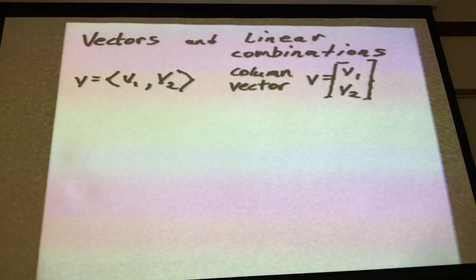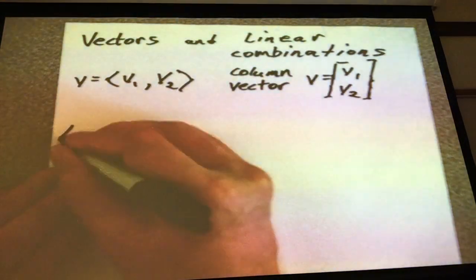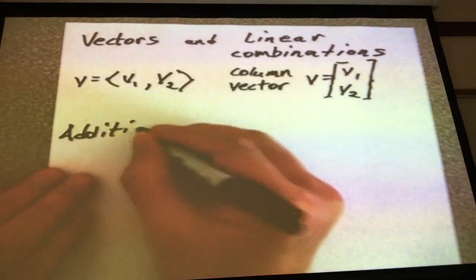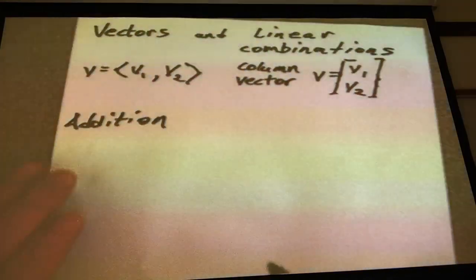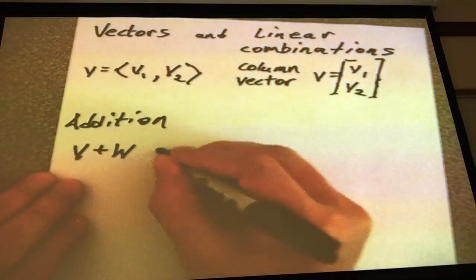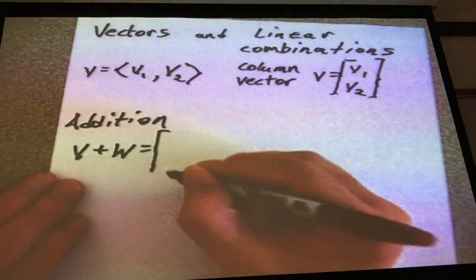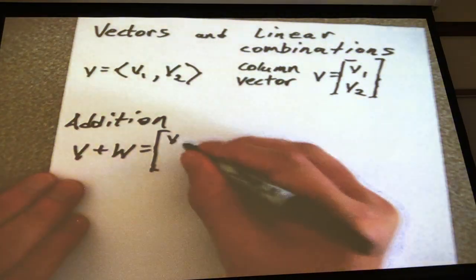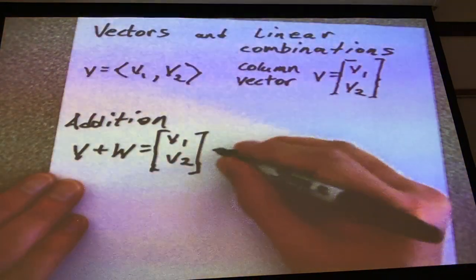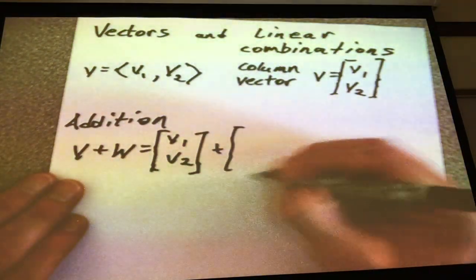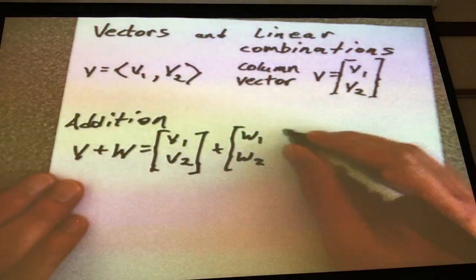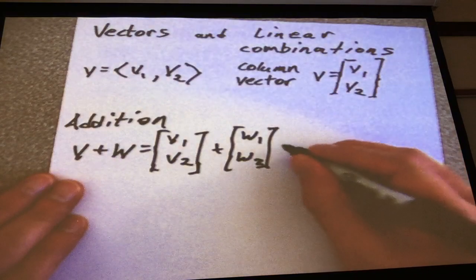So when it comes to addition, okay? If we have V plus W, which would equal V1, V2, and then plus another vector, call this W1 and W2, and they have to be the same size, okay?